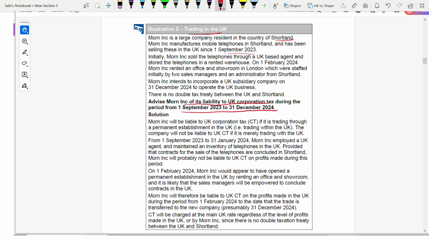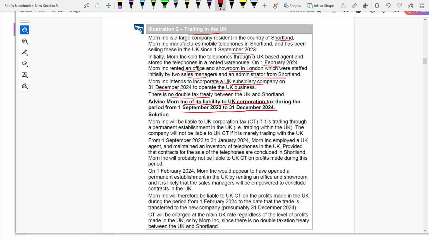On 1st Feb, they rented an office and showroom in London, which was staffed by 2 sales managers and an administrator from Scotland. Now they intend to incorporate a UK subsidiary company on 31st December 2024 to operate the UK business. There is no double tax treaty between the UK and Scotland. So now you have to say whether they will be liable to UK corporation tax or not.